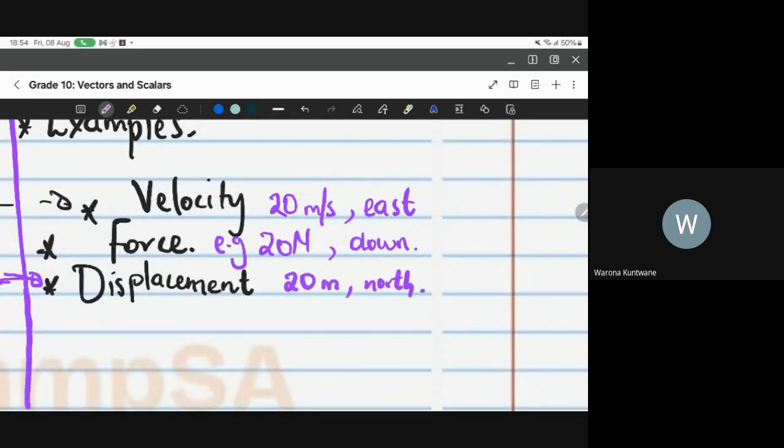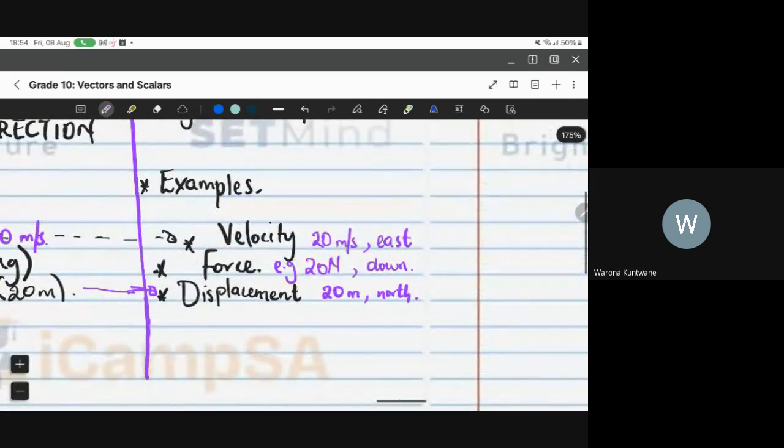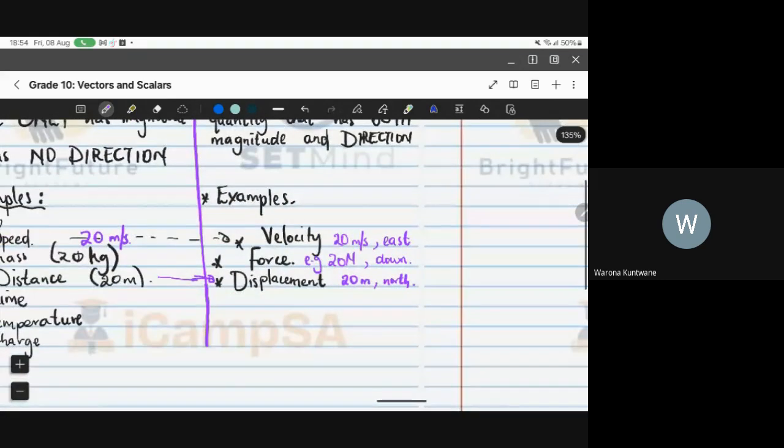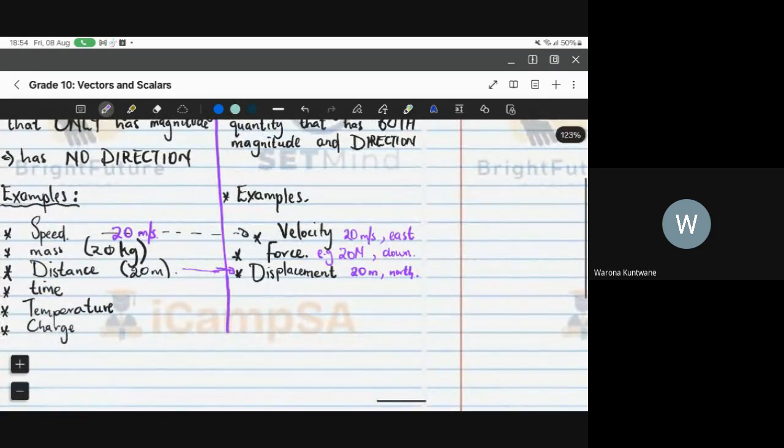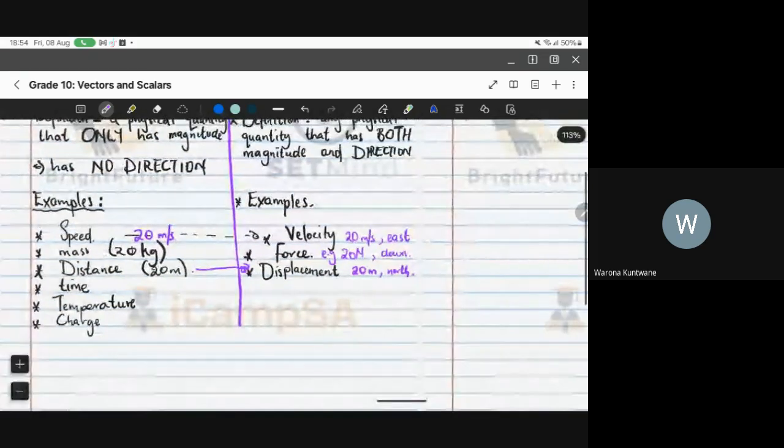Can be any direction, north, south, west, east, southwest, I don't know. Okay, there's no such thing as south, north, but southwest, northeast, and so on. Right, so that is displacement as an example. So displacement and distance are not the same thing.